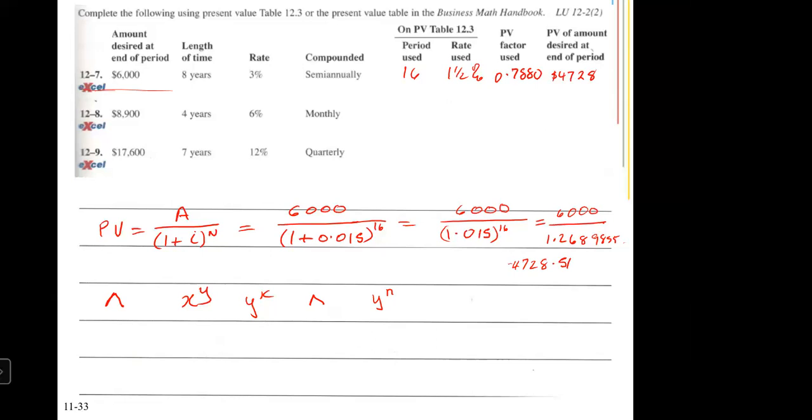Of course, the formula would be more accurate than the table because the table rounds off the values to 4 places, whereas if you use the scientific calculator, it would go to far more places than the 4 places that the table rounds off to.